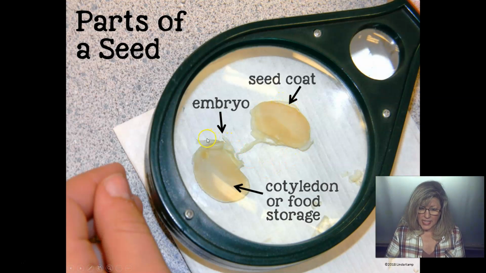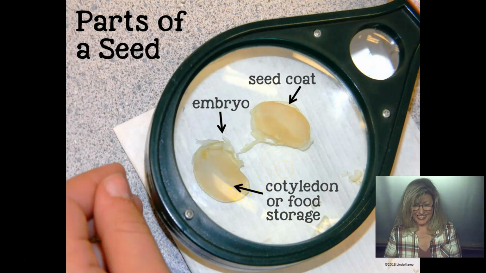Here would be that embryo. And inside would be where that food is stored. And there's that word I like to say, in the cotyledon, or food storage. So again, those are your three main parts of a seed.